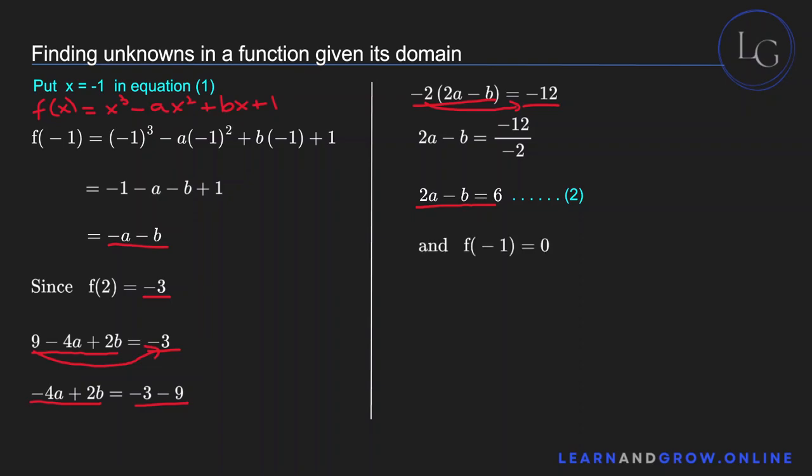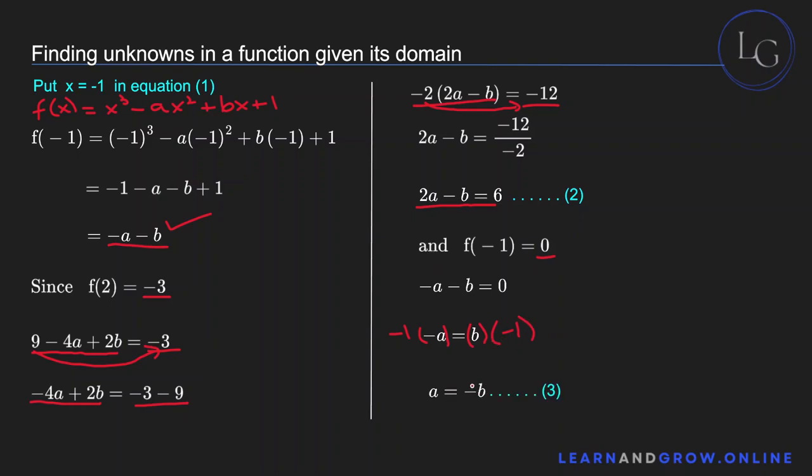Now let's do the same procedure for f of negative 1. F of negative 1 gave you minus a minus b, and f of negative 1 is equal to 0, as in the original question. So equate minus a minus b equal to 0. So minus a is equal to b, and now multiply both sides with negative 1, and so a is equal to negative b.